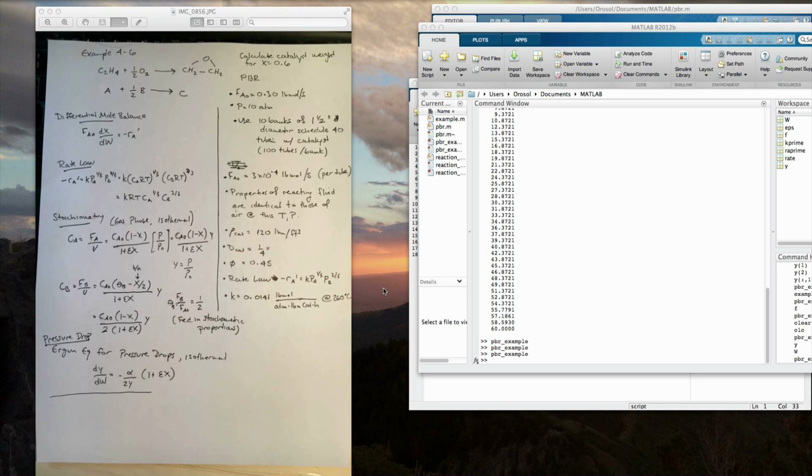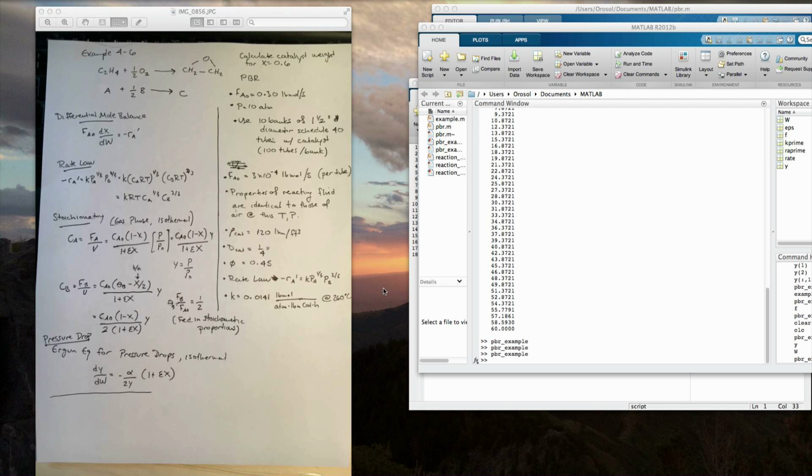And so far the problems we've been solving, you've been able to simplify your differential equation enough to where you can get an analytical solution. But as we go further along and you can't make as many assumptions, or maybe you're solving more than one equation, then you need to use an ODE solver to solve your equations.